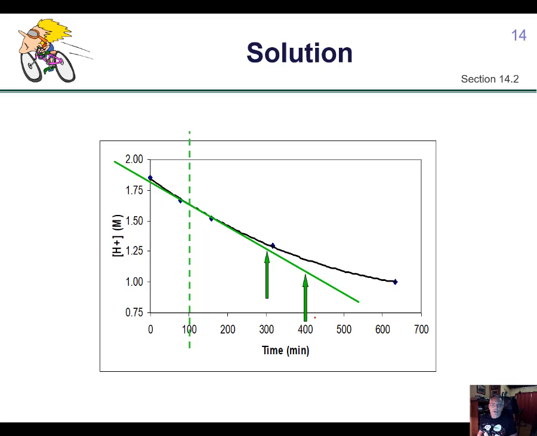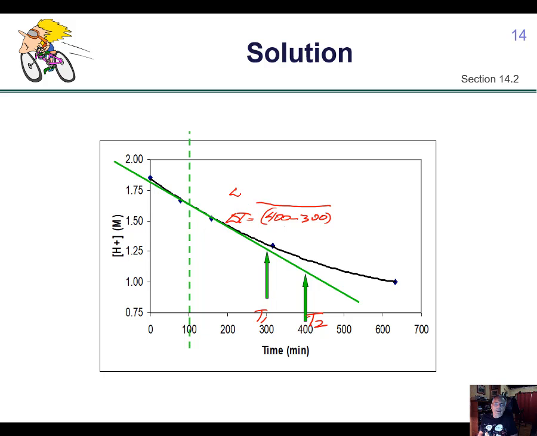So this is T2 for this particular calculation, and this is T1. And so we'll have 400 minus 300. That's simply my delta T for this particular reaction.